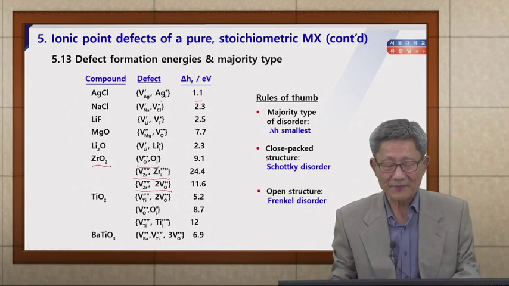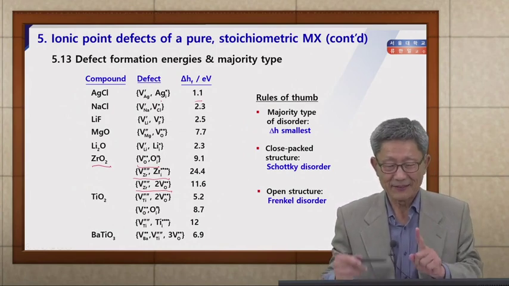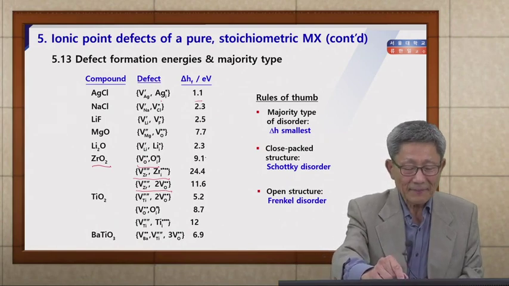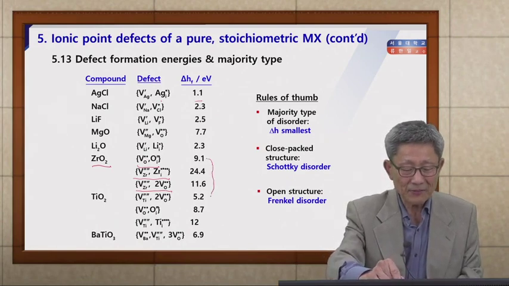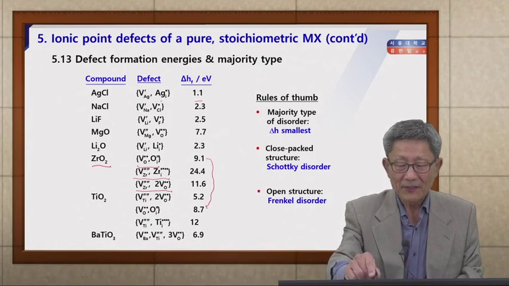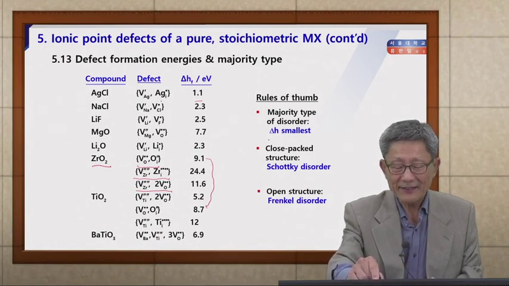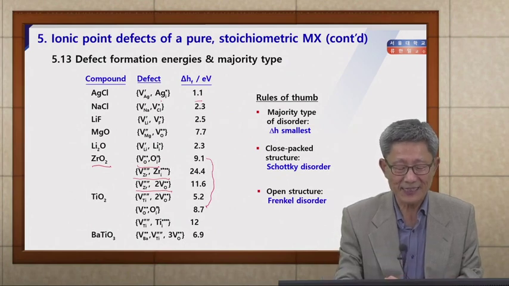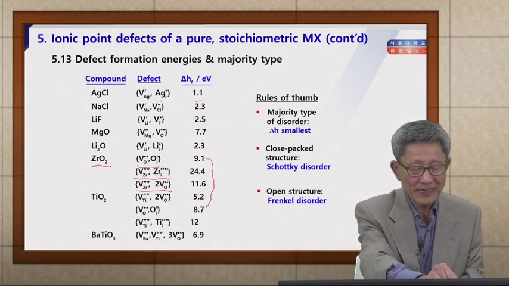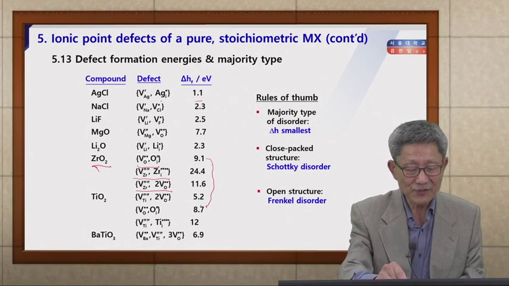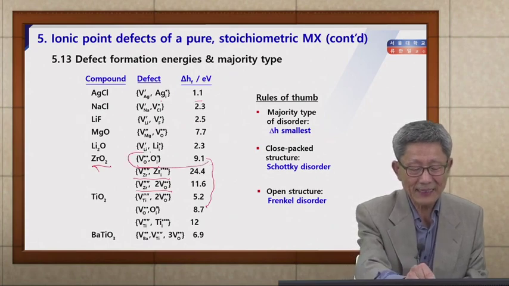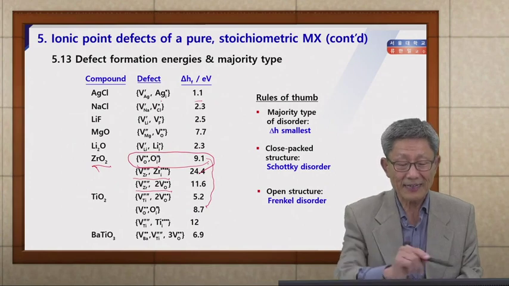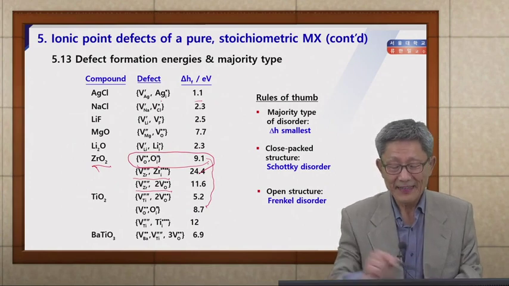Here are rules of thumb which I would like to tell you. Number one, when there are many possibilities of defect pairs, normally the energetically cheapest one is the majority disorder type. For example, for zirconia, you see the cheapest one is the anion Frenkel, namely anti-Frenkel disorder.